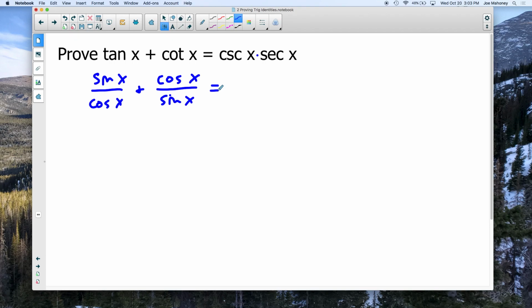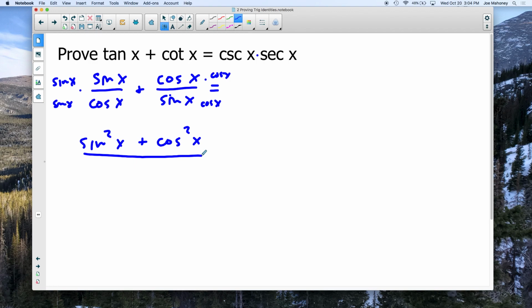In order to change the left side, I'm going to have to multiply it by sine x on top and bottom. And I'm going to have to multiply the right side of it by cosine x, top and bottom. So what that's going to give me is sine x times sine x, which is sine squared x. And if I multiply the cosines together, I'm going to get cosine squared x.